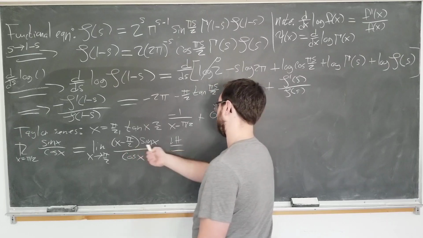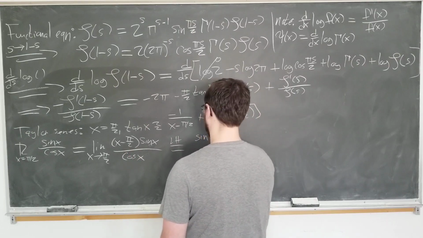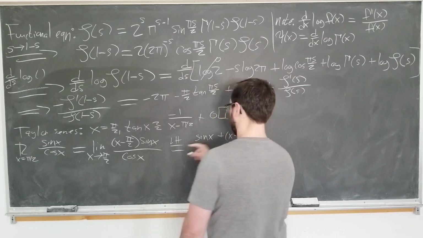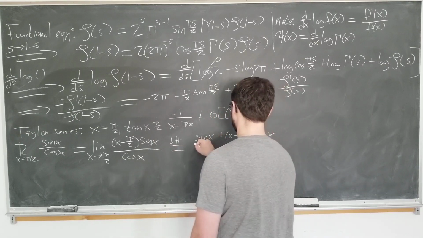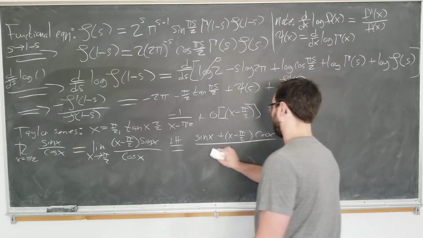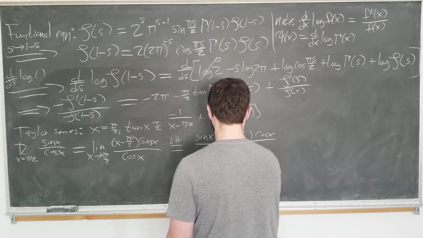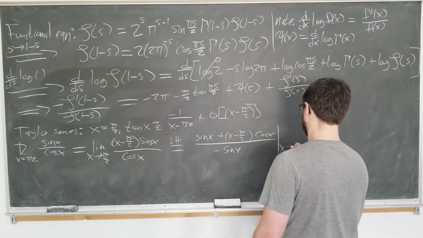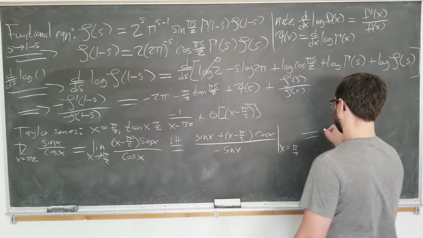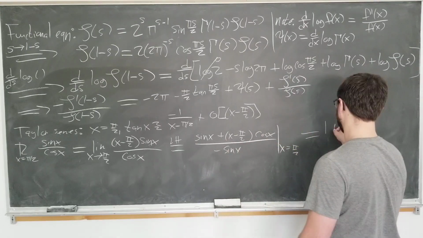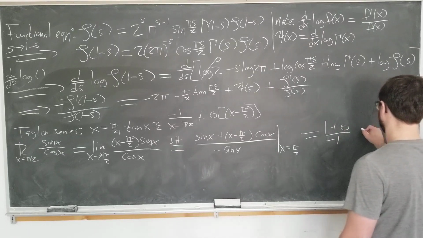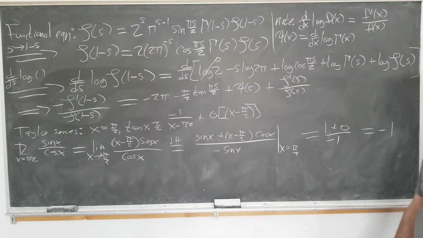The derivative of the first is 1 times sine x plus the derivative of the other function, which is just cosine x, over the derivative of cosine x, which is minus sine x. Now we have to evaluate it at x equals pi over 2. So this becomes 1, this goes away, this becomes minus 1, which tells you that it's minus 1.